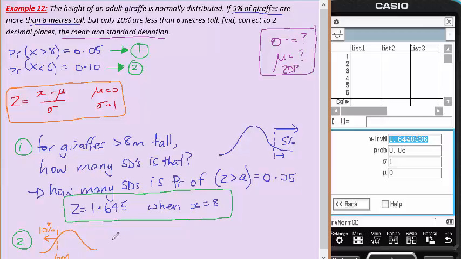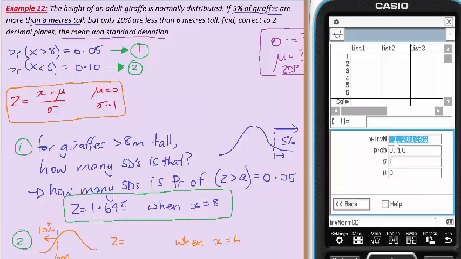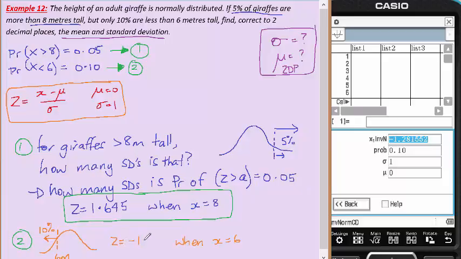I want to know what my standardised score is when x equals 6. So in my calculator, I'm going to set my tail to the left because I'm moving to the left. My probability is now 0.10. My standard deviation and my mean are the same. And I find out that this z-score is negative 1.282. So I'm going to write negative 1.282. Here is my information for the second point.